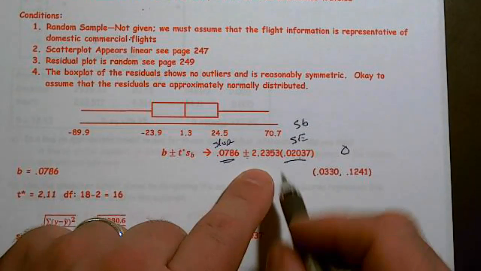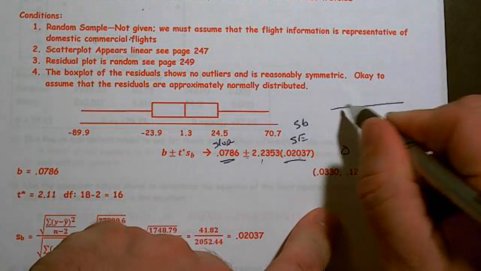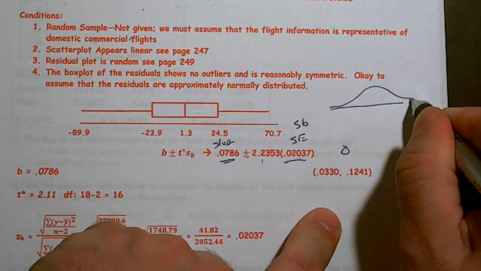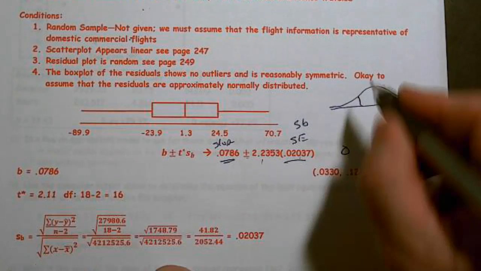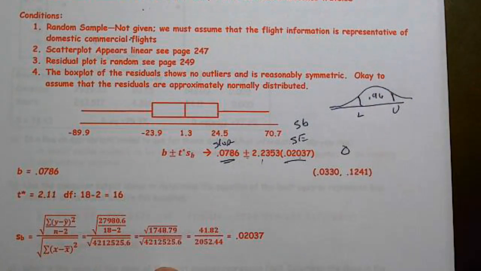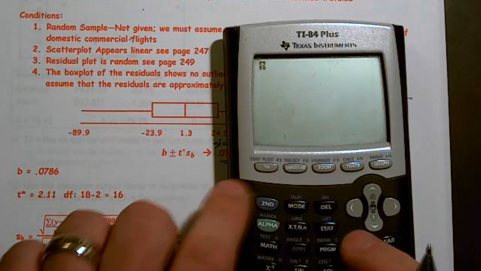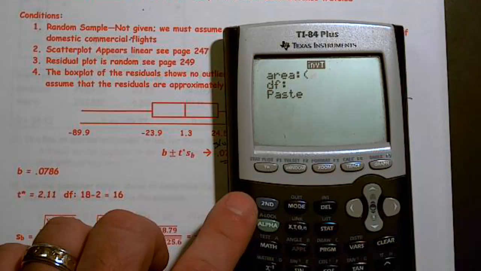But the question is, how do you get t star? Well, we want a 96% confidence interval. So we have to have a lower bound and an upper bound, and we want 0.96 here, and this is a lower, this is the upper. So what you do is go second vars, inverse T, parenthesis, 1 minus 0.96, close parenthesis, divided by 2.